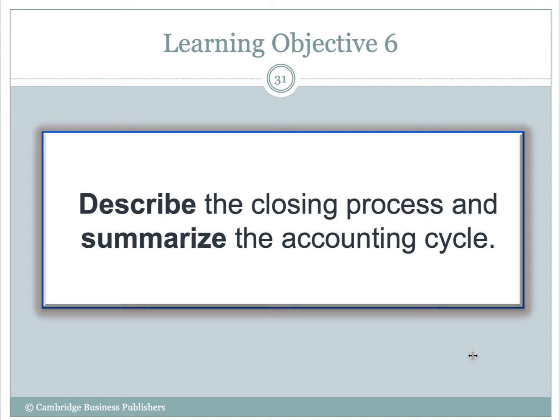We need to record our journal entries, right? This chapter, we already saw a second stage of that, which is we need to do our adjusting entries. We saw the fourth stage, which is we need to prepare our financial statements. Now we're going to look at the last step, the closing process. So tune back in for that one.